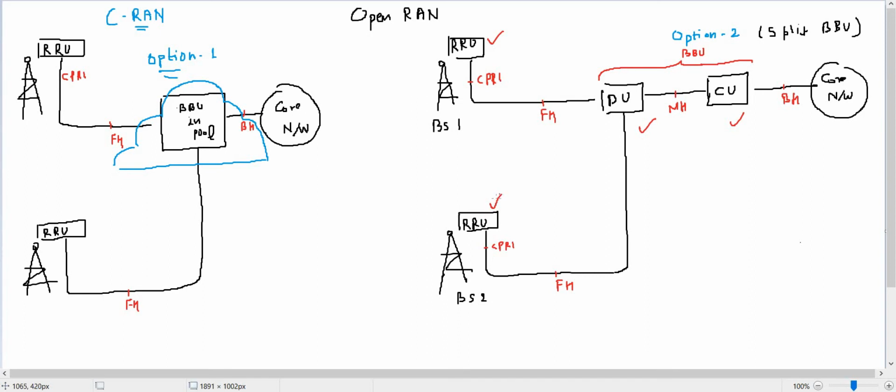If you are buying an RRU from Nokia, you cannot buy the DU from Ericsson. The operator must buy the DU and CU from the same vendor. If your RRU is from Nokia, your DU and CU must also be from Nokia. The same vendor is serving the operator.